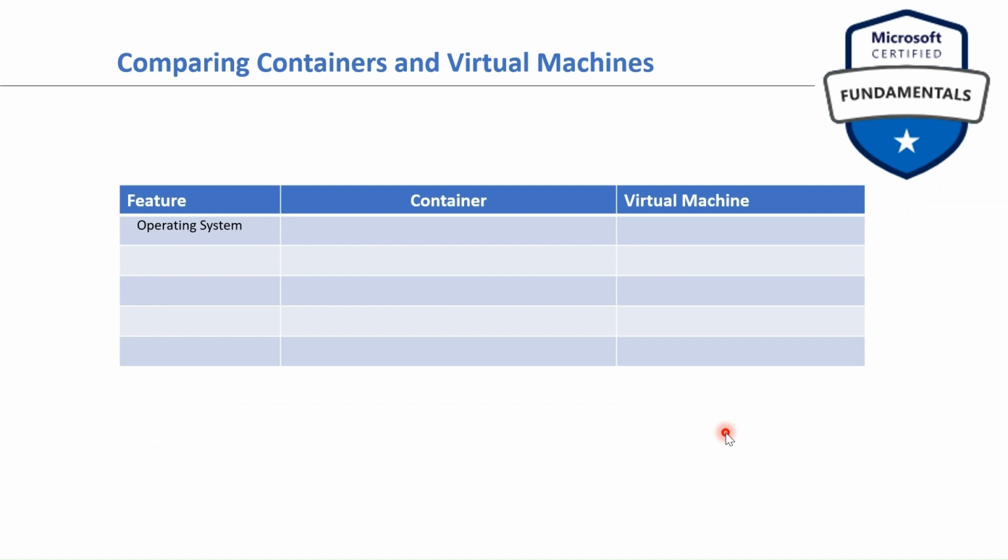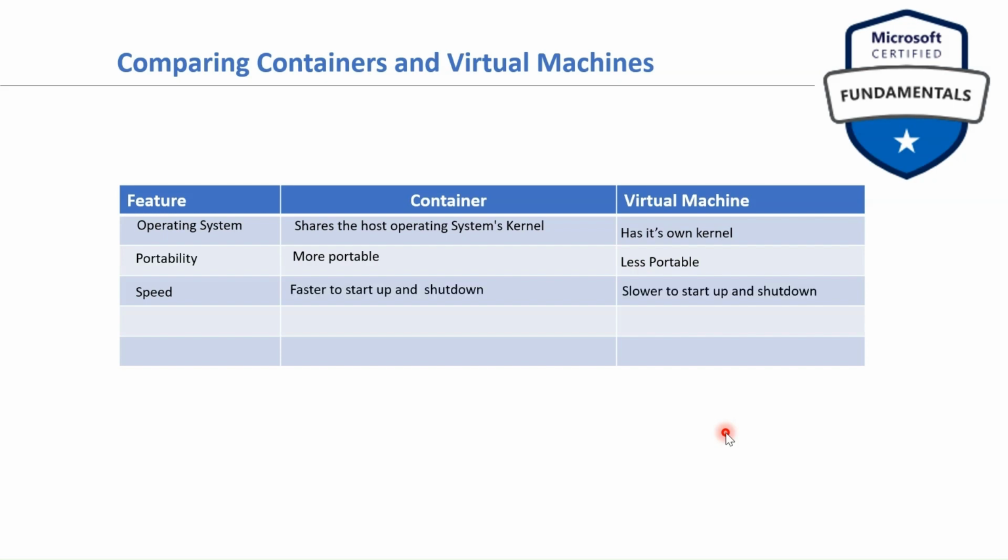That's what it means. Containers share the host system's kernel, whereas a virtual machine has its own kernel. Portability: containers are more portable. Let's say I want to move a container running on Azure to GCP, then I can easily move that. Whereas a virtual machine is less portable. Speed: containers are faster to start up and shut down, whereas virtual machines are slower to start up and shut down.